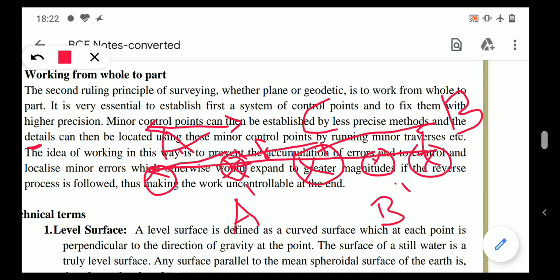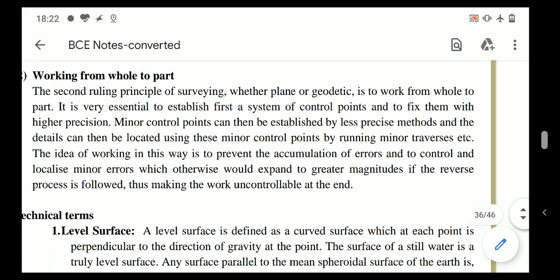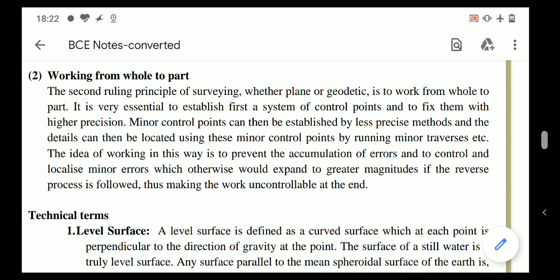If we are working from whole to part, then we can locate the major control points, and this accumulation of error by measuring with wrong distances can be eliminated. That's why we work from whole to part. In this way, the accumulation of error is prevented, and to localize minor errors, we can correct with the minor location points, while the major control points help us with precise measurement.